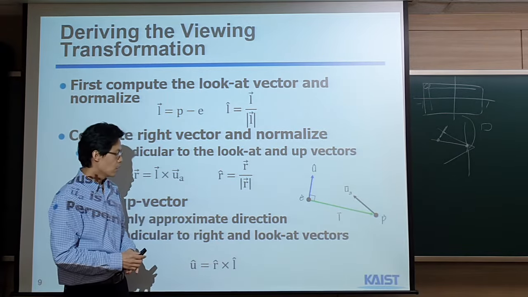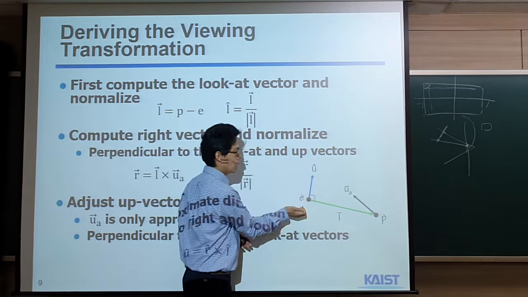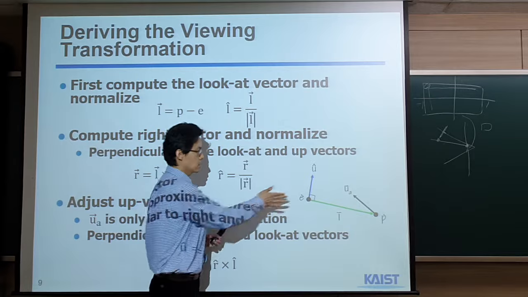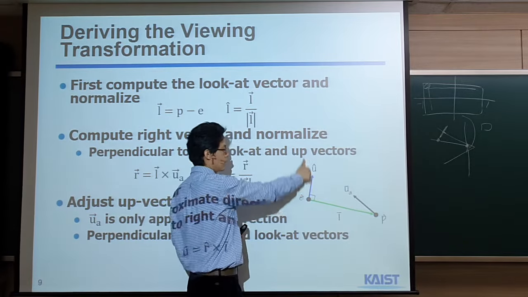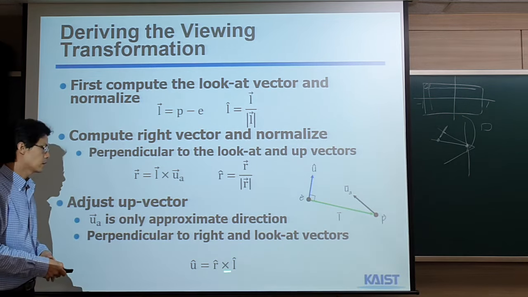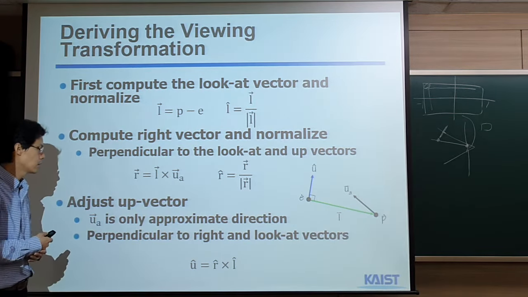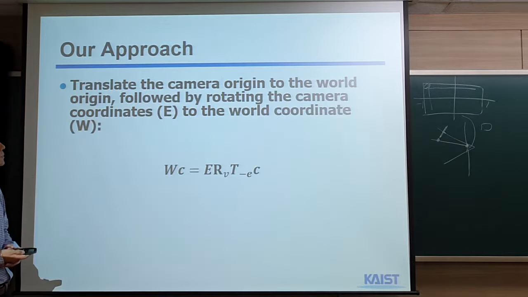By wrapping around the R vector and the L vector, we get the up vector direction. Since these two vectors are already unit vectors, the adjusted up vector is already a unit vector.